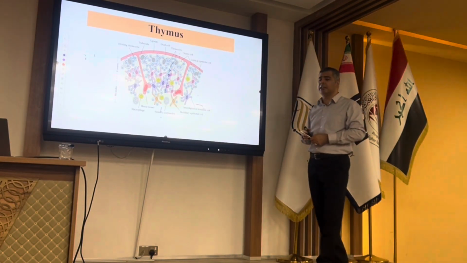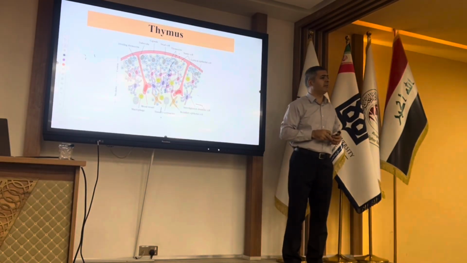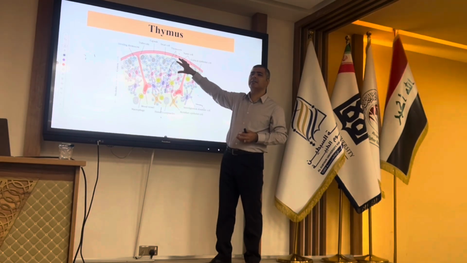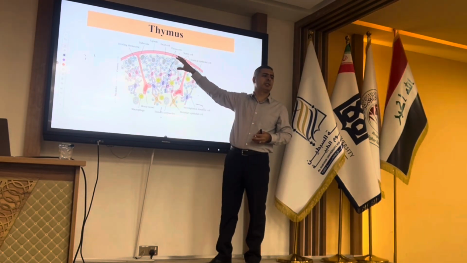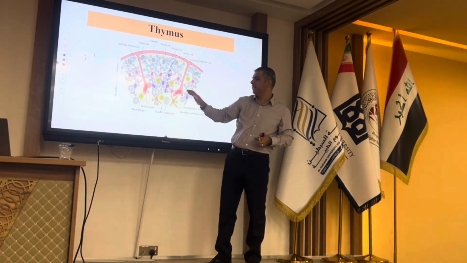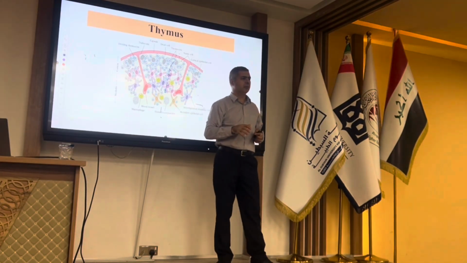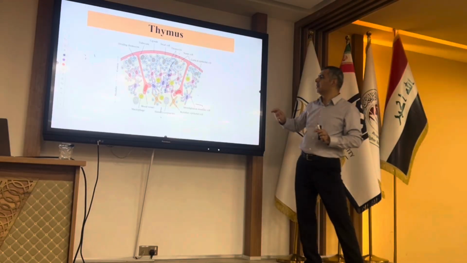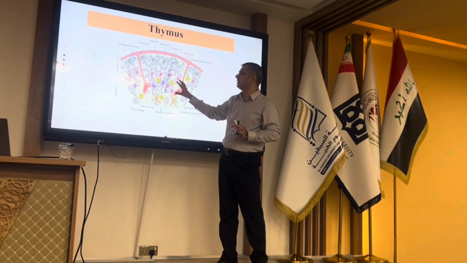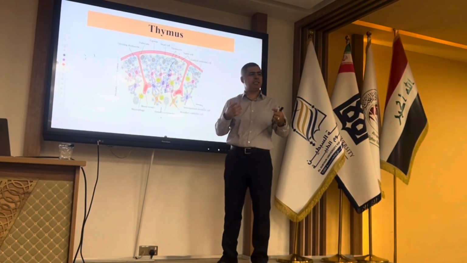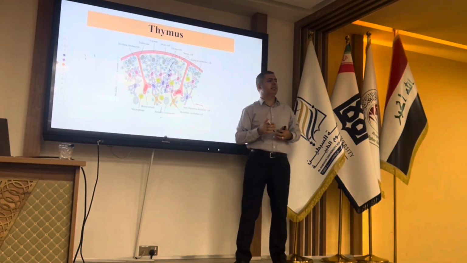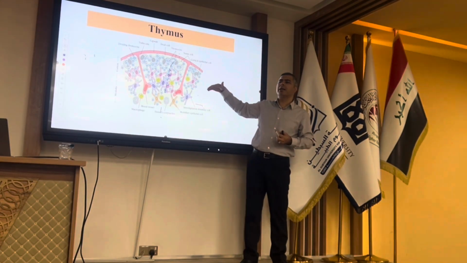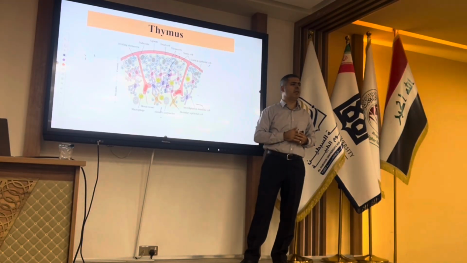It is said that around 95% of immature T cells in the thymus are eliminated by apoptosis. Only 5% of T cells can leave the thymus. Please, again, only 5% of immature T cells can leave the thymus. It means that only 5% of these cells are normal cells, and 95% of them are eliminated by apoptosis. Why is that?